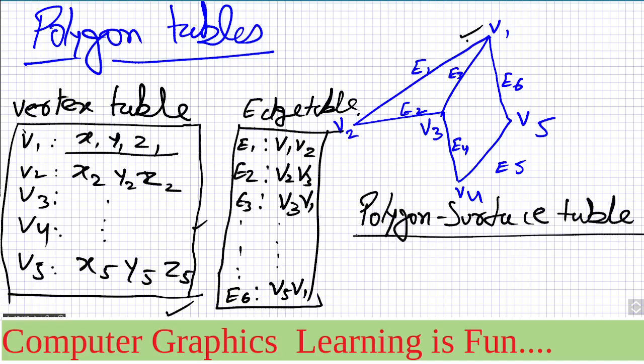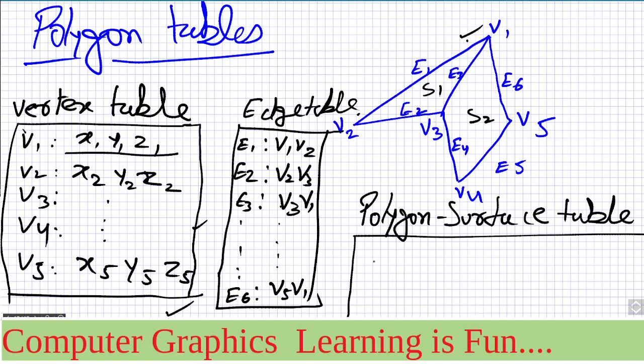In this table, you will be storing some information like what the surfaces are. In this object, you can see you have two surfaces. If I name them S1 as well as S2, I believe you will agree that yes, these are the two surfaces here.